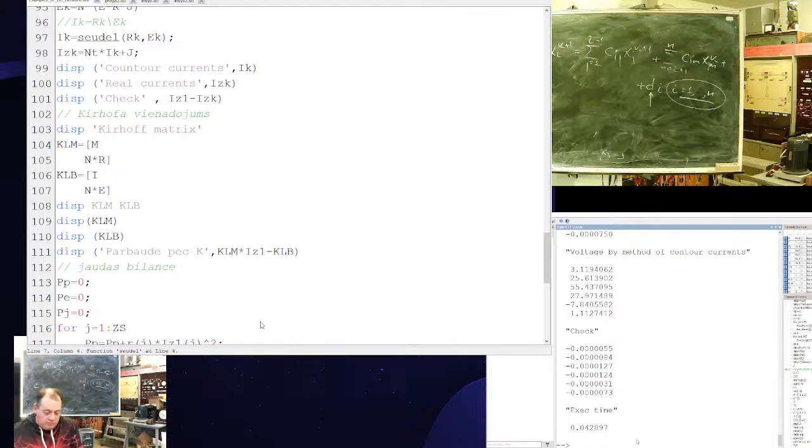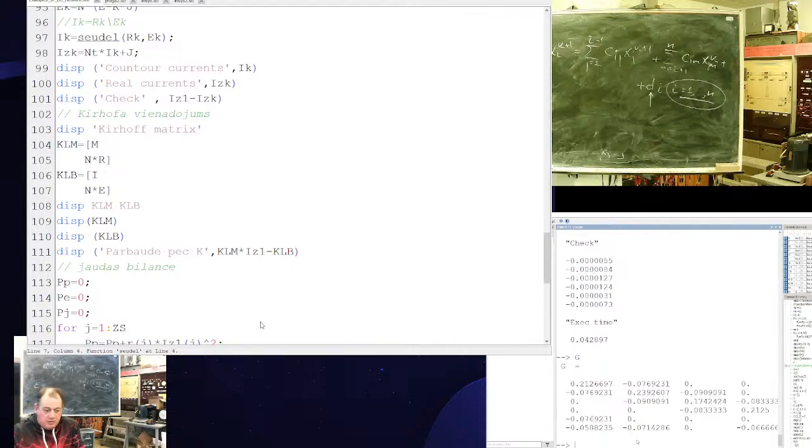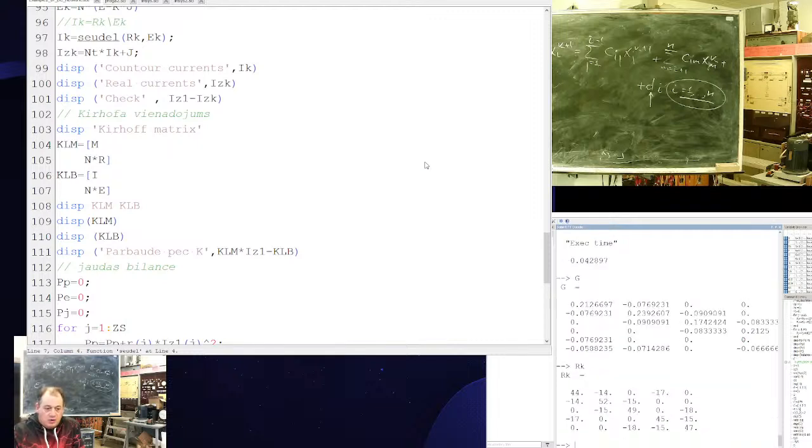So I would like to show one thing. See the structure of G, it's a matrix of nodal, and a matrix of contour currents. See, both in electrotechnics matrices have diagonal dominance. The diagonal values are the largest and positive.